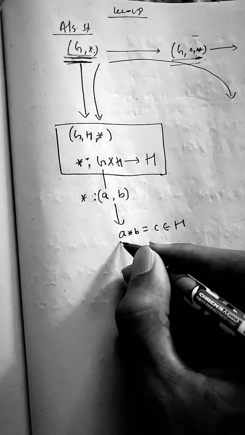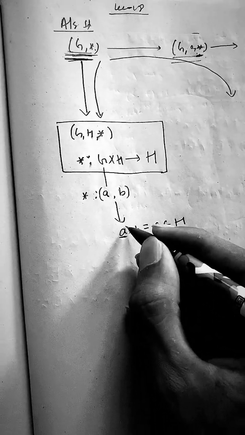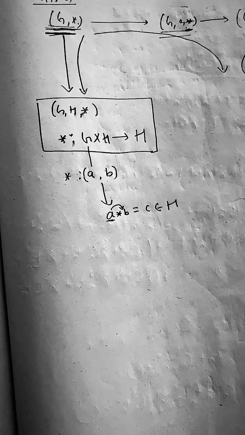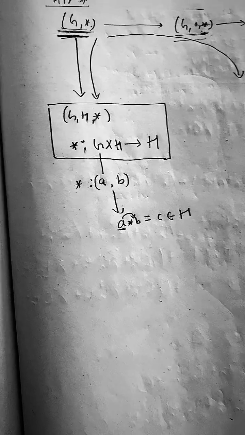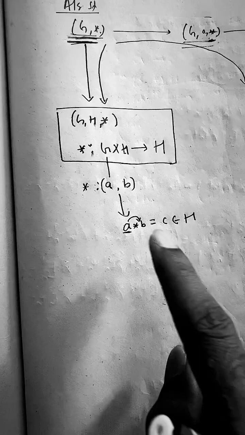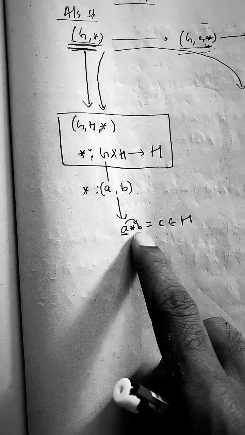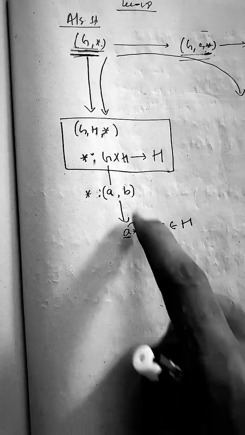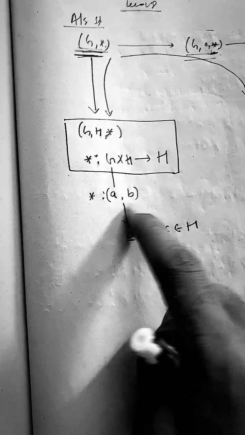See it very carefully. It means this A is acting on B, okay? A acting on B. This is a very important idea. These two elements are not coming from the same set G or same set H. Both elements are coming from different sets, right?